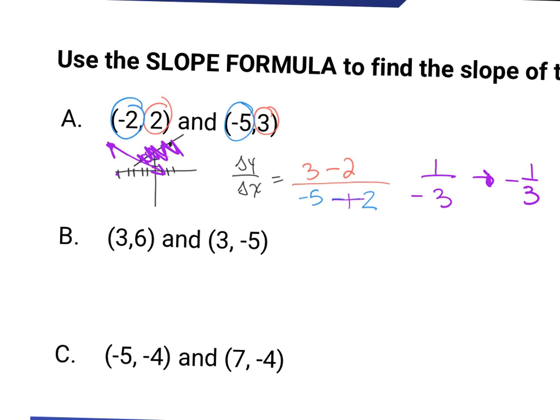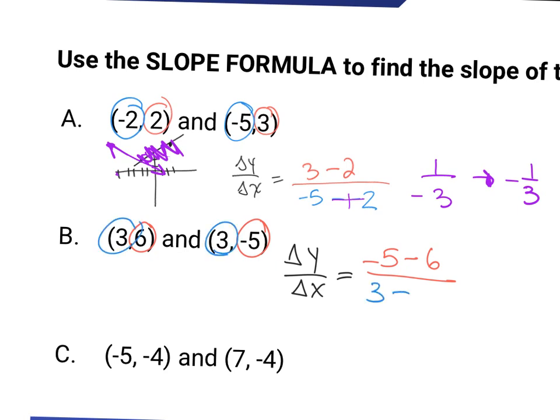Okay, so what's the slope of B? Change of y over change of x: -5 minus 6 over 3 minus 3. Which is the 0, the numerator or the denominator? The one on the bottom.